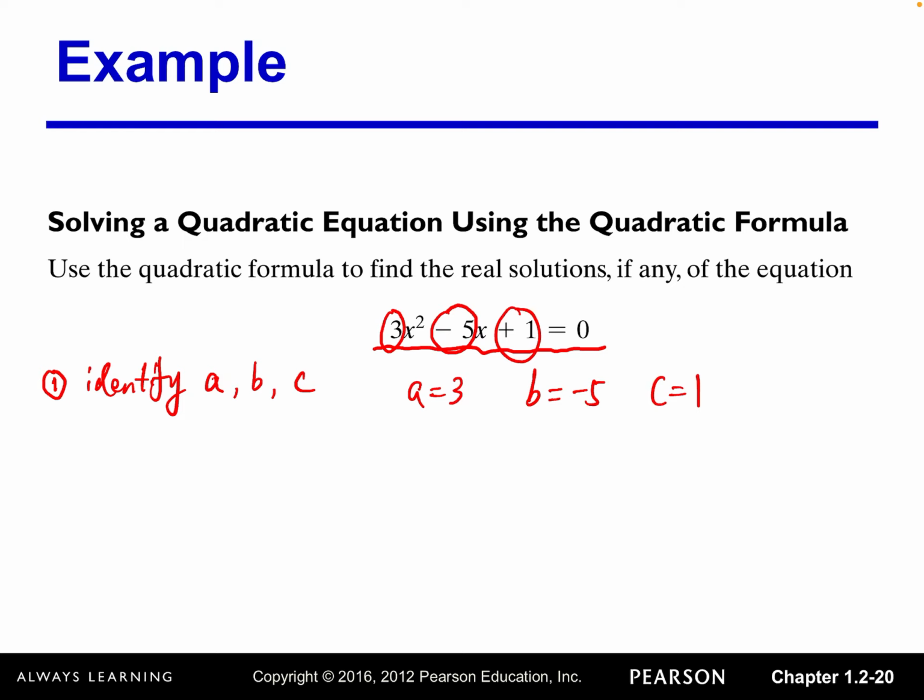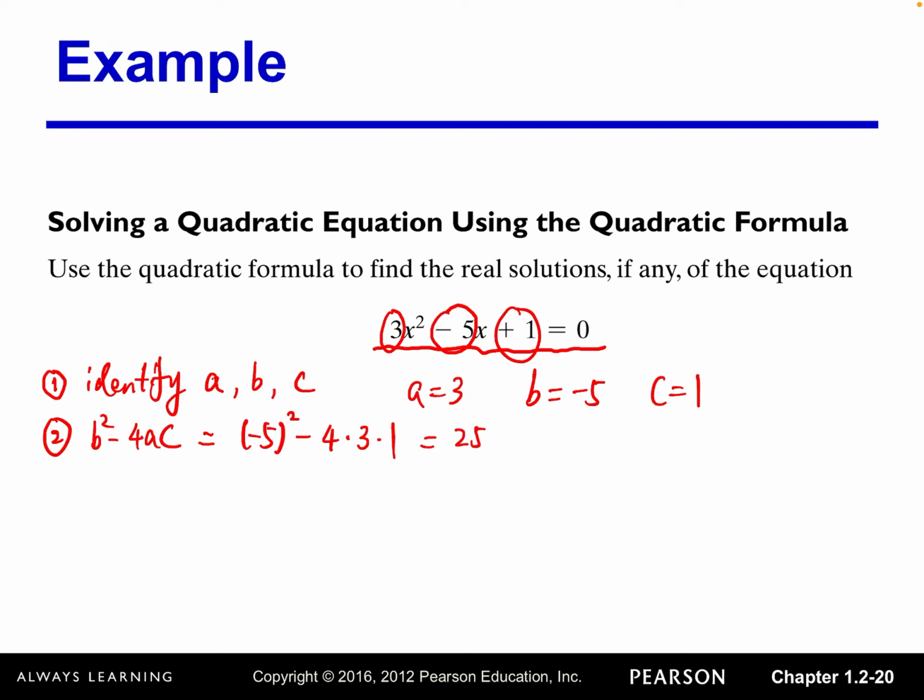Second step, we need to evaluate the discriminant, which is b squared minus 4ac. We want to see whether this value is a positive number, 0, or a negative number. So let's plug in. We know b is negative 5, so negative 5 squared minus 4 times a equals 3, times c equals 1. That gives us negative 5 squared, that's positive 25.